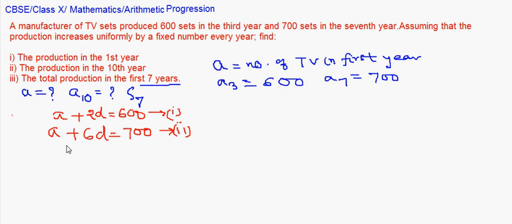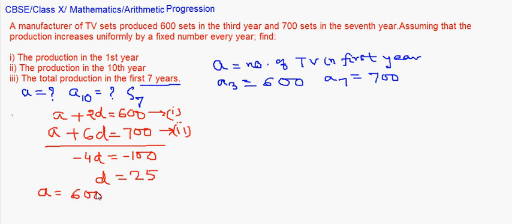If I solve these two equations by elimination method, I will be getting minus 4d is equal to minus 100. That makes d is equal to 25. Now, wherein I'm getting d is equal to 25, I'm taking the first equation to find my A. I will be getting 600 minus 2d.